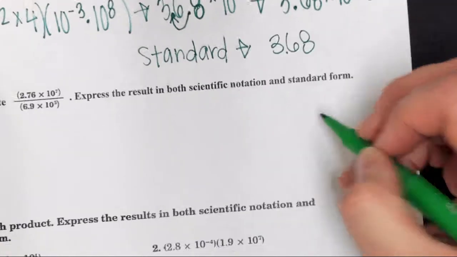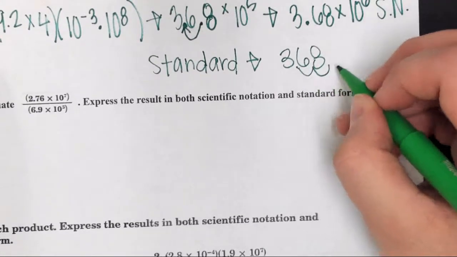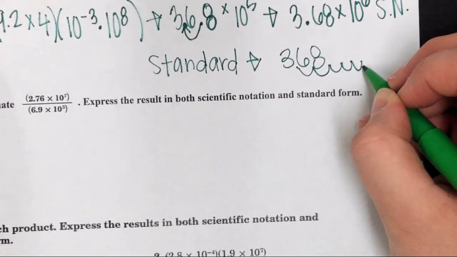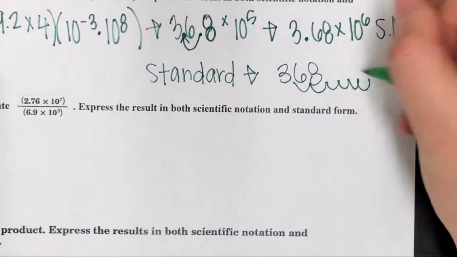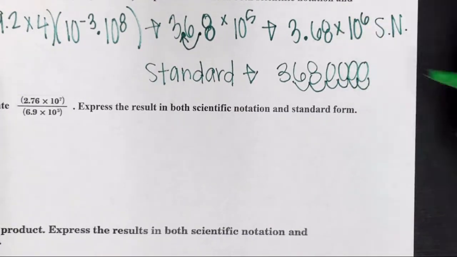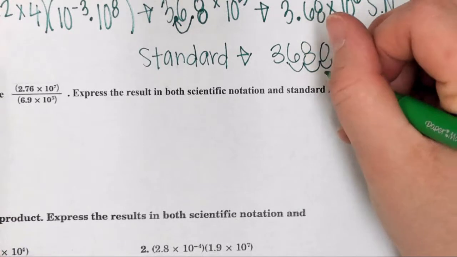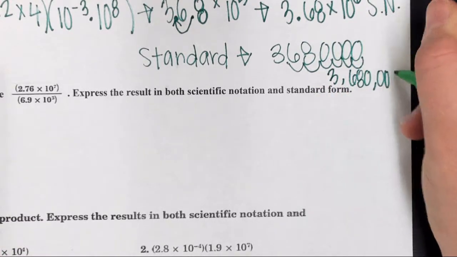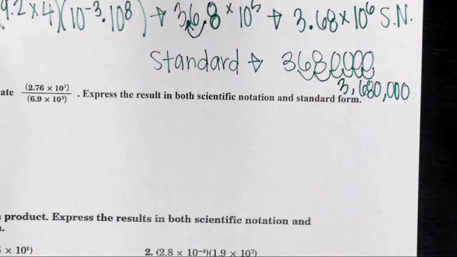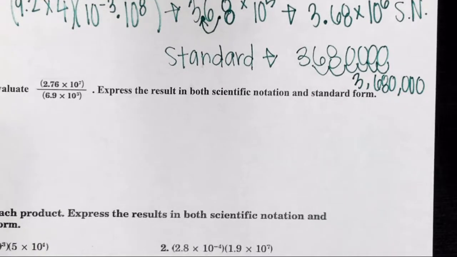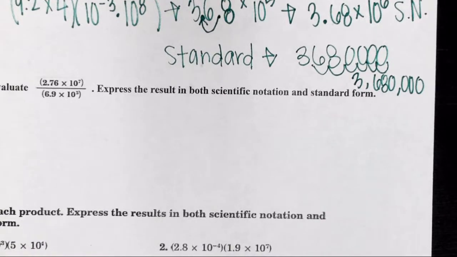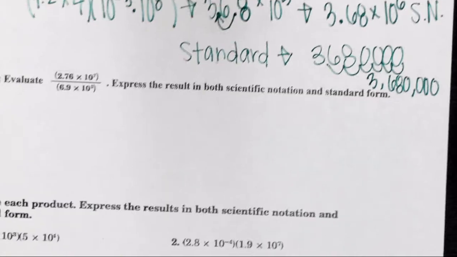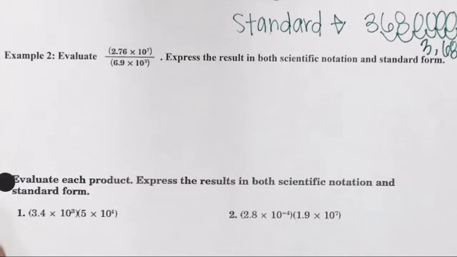So it starts here. 1, 2, 3, 4, 5, 6. I have 4 holes, so I need to add 4 zeros. So your answer is 3,680,000. See where those exponent properties are coming in? Let's look at example number 2.